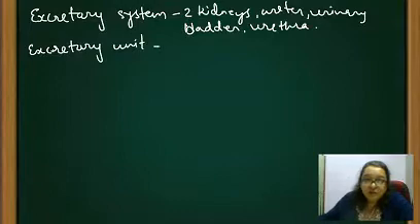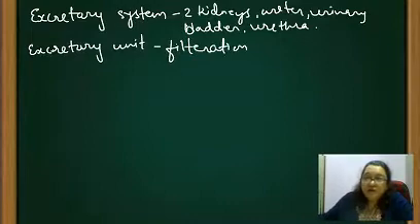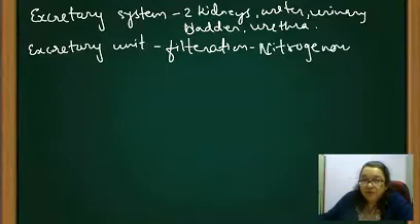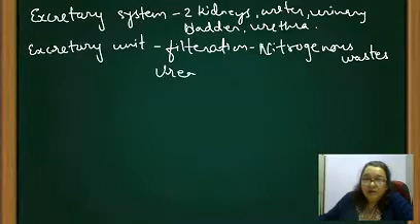Whereas excretory unit is a single unit responsible for filtration of blood in our body. Due to metabolic reaction, nitrogenous waste are formed, and these nitrogenous waste mainly are urea and creatinine.